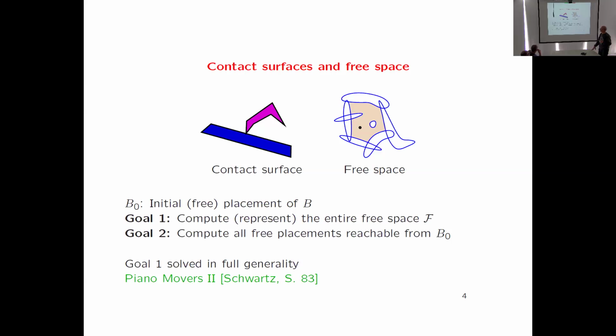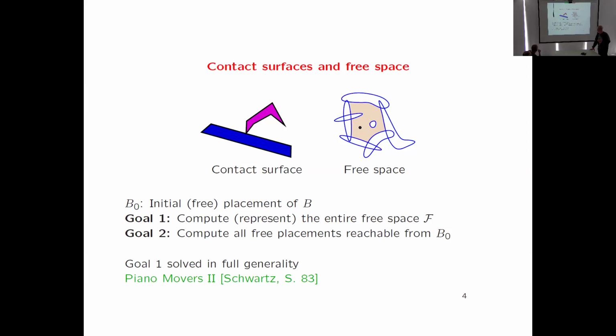A vertex of the robot in this case touches an obstacle edge, and on the right you can see how free space can look. The blue are the contact surfaces. What is shaded is one connected component of free space that contains a starting position marked by the black dot, and you want to compute either that or the entire thing.